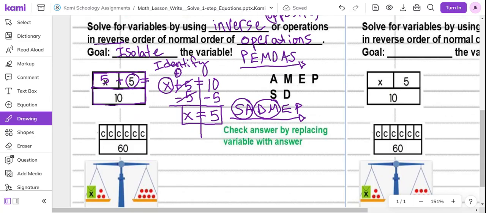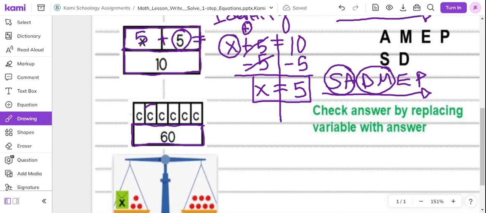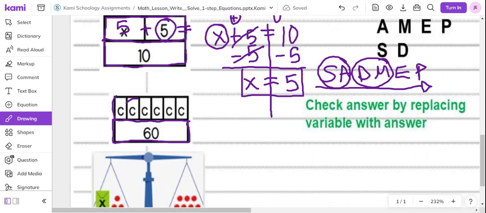For the next example, we have a comparison being made. In the model, we have parts equal to 60. So how many parts are here? 6. So we have 6c, or we could do 6 times c, and it's the same length as 60.